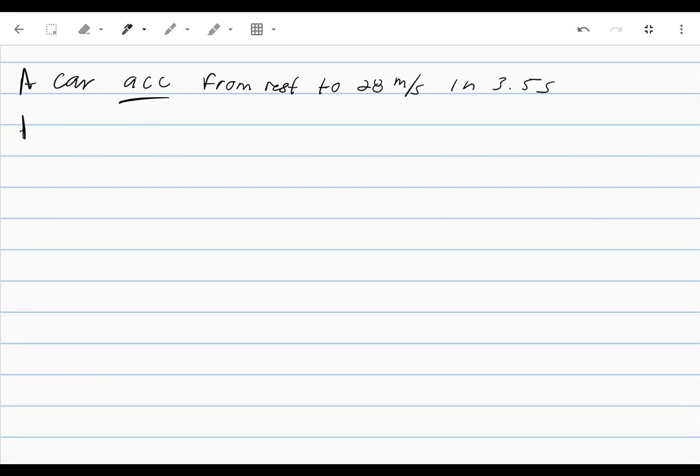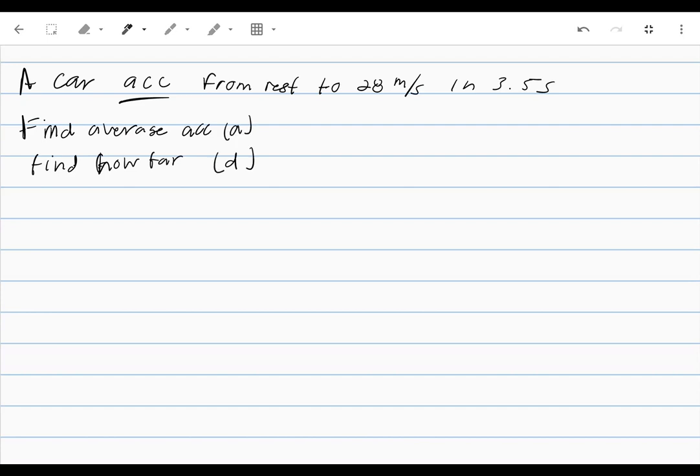And then the question is asking you to find the average acceleration and find how far it traveled. So basically you'd find distance and you find acceleration.